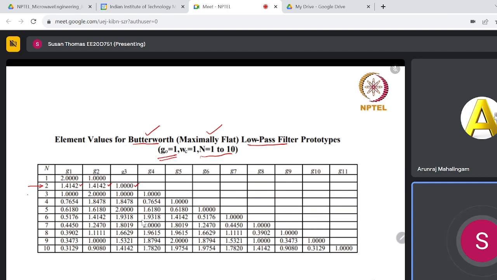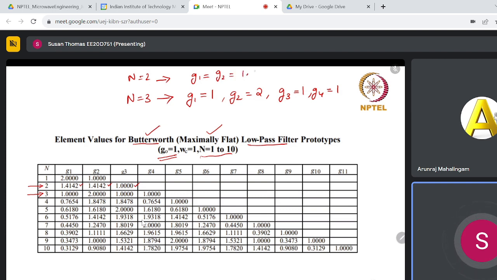Then if order is 3, then for an order 3, G1 is 1, G2 is 2, G3 is 1, again G4 is 1. Okay, so for order equal to 2, G1 is equal to G2 is equal to 1.4142, G3 equal to 1.